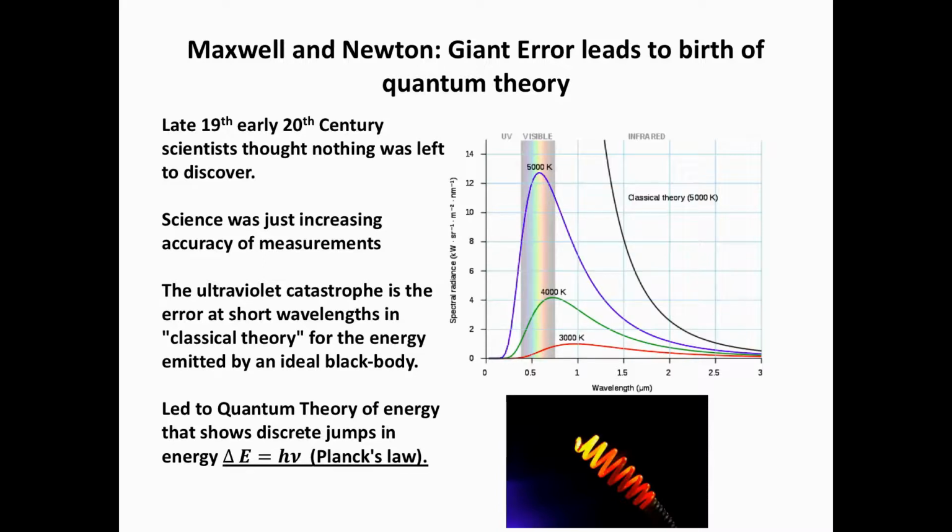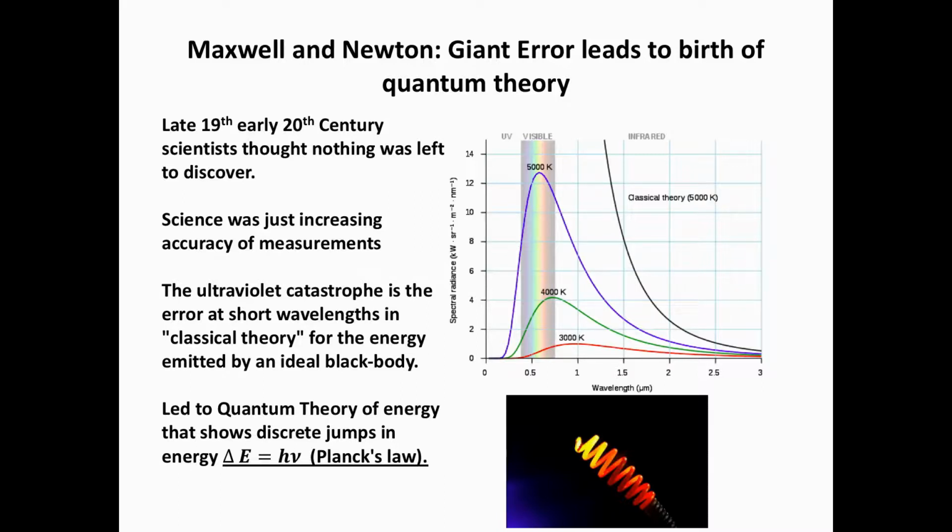And they used these theories to produce a classical theory of how radiation is emitted when you heat up a thing called a black body. Okay, so if you heat up a piece of iron, it will eventually glow red and white. And you can see the classical theory did not fit the experimental result. And this was called the ultraviolet catastrophe.